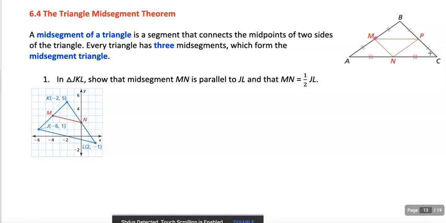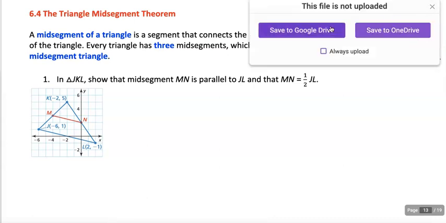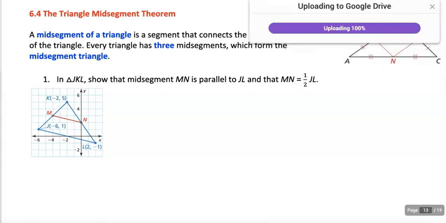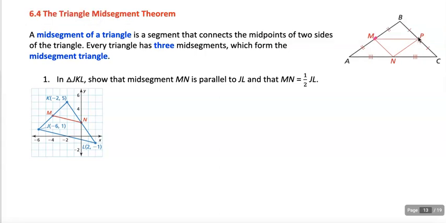If you look at the segment BC, the middle of that will be here, point P, and that created a portion of the midsegment triangle. We're going to do the same thing for line AC, find the midpoint here, point N, and then make another midsegment triangle in here. So we're finding the midpoint of each side, and then connecting the three midpoints, and we're making the midsegment triangle.